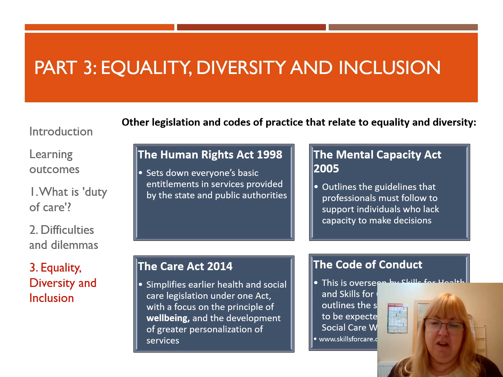Other legislation it's important to be aware of is the Human Rights Act. You can look that up, which really talks about everyone's basic entitlement. The Mental Capacity Act, which is important too, it gives you, the professional, a guideline to follow about how to deal with someone who doesn't have the capacity to make their own decisions.